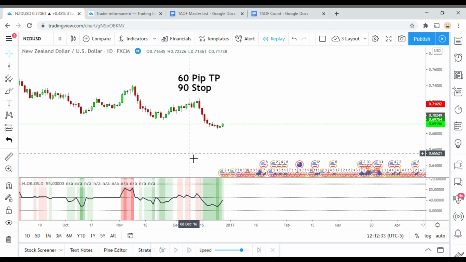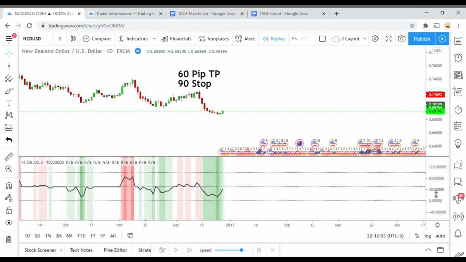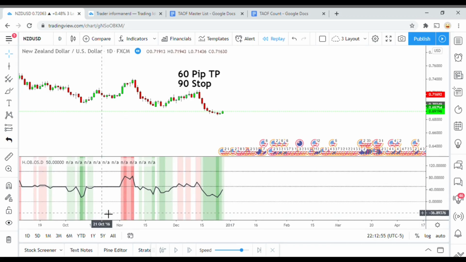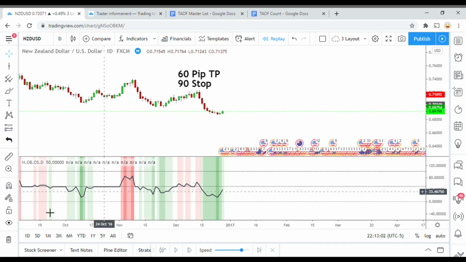All right, so today's video, as I said, the indicator today is the hybrid overbought oversold indicator. You can see it down on the bottom of the screen. There's a few things going on with this one. I wouldn't say that it's really simple, like some of the other indicators we have looked at that are extremely simple.